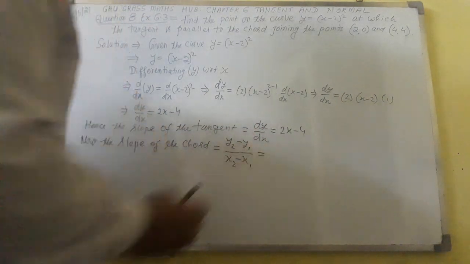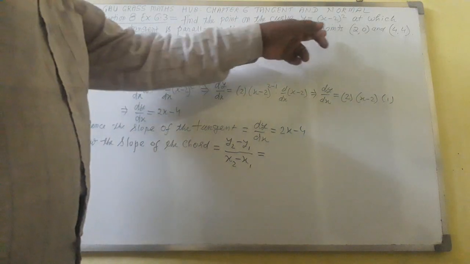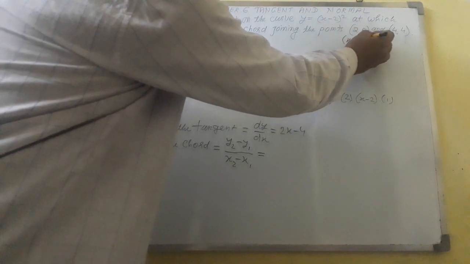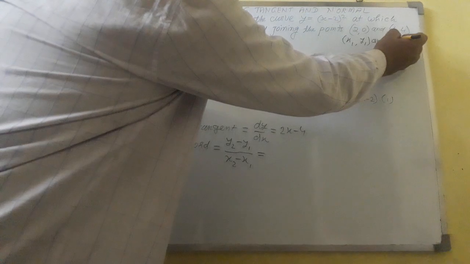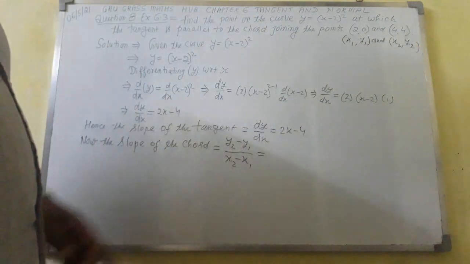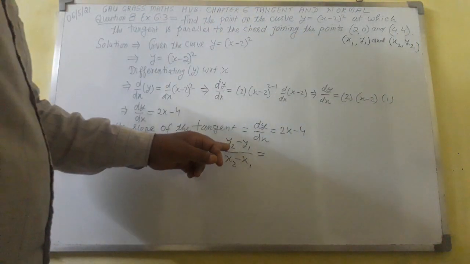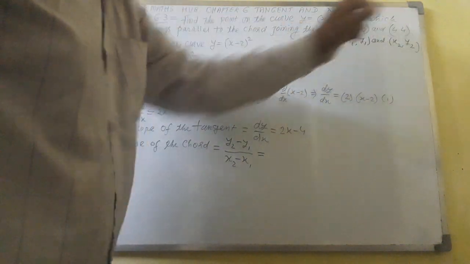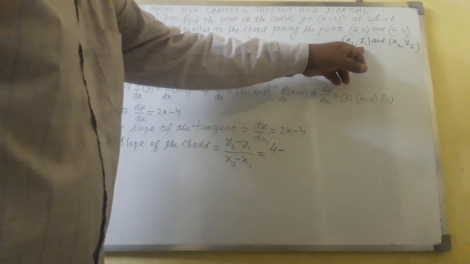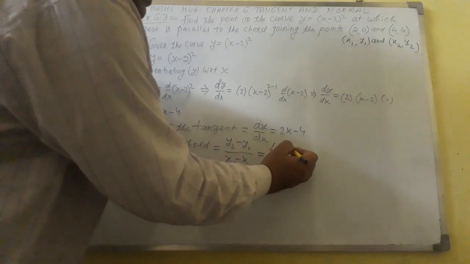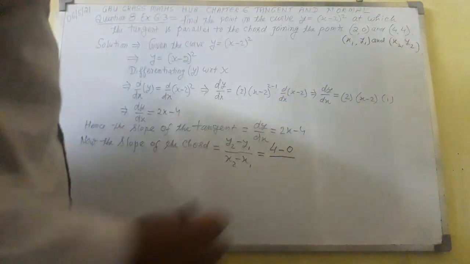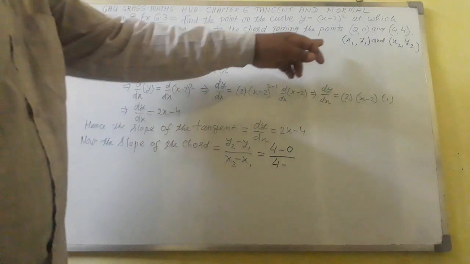Here the chord joining the points, this point will be (x1, y1) and this point will be (x2, y2). For y2 minus y1, to y2 I shall take 4, so 4 minus y1, where y1 equal to 0, whole over x2, the value of x2 I shall take 4, minus x1 I shall take 2.